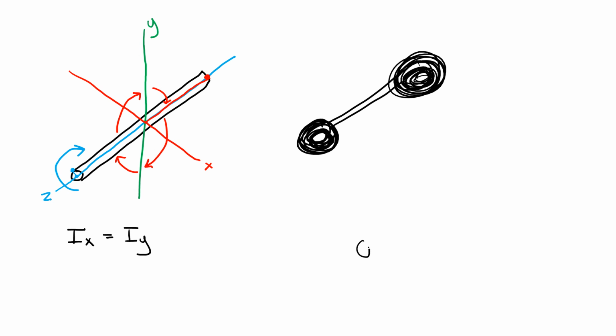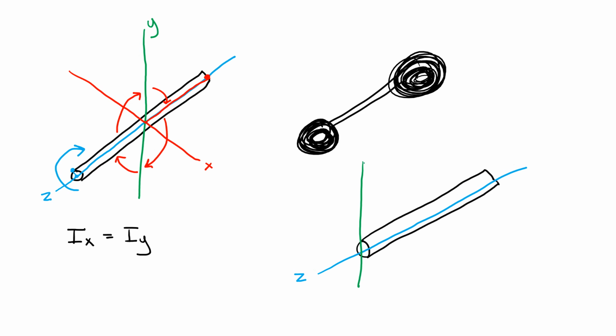You can also have another example where you move the point of rotation. So if we have the long, slender rod again, and our z-axis is still through the center, but now our rotation is here at the end of the rod.